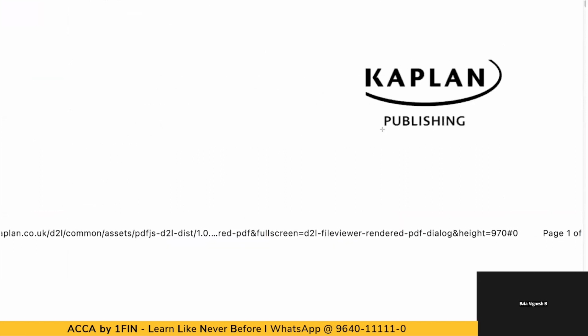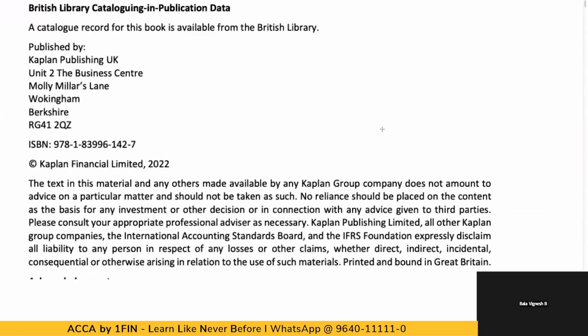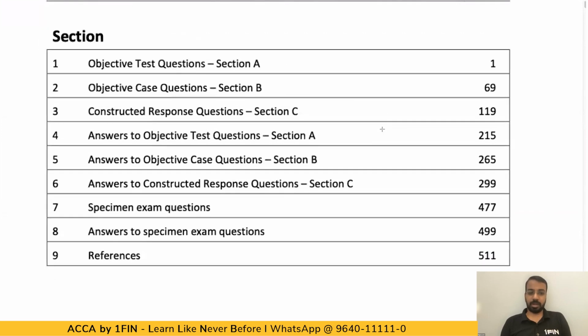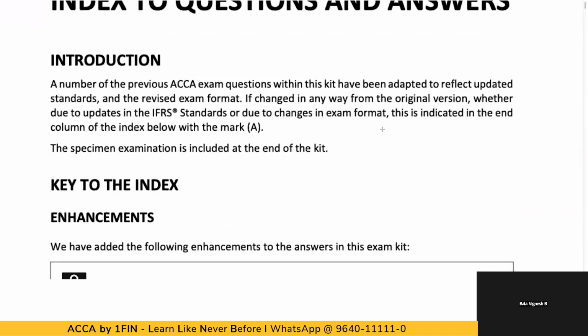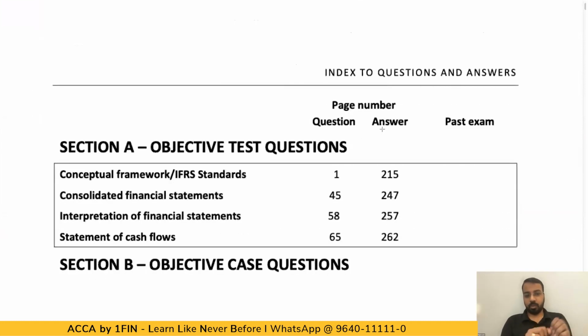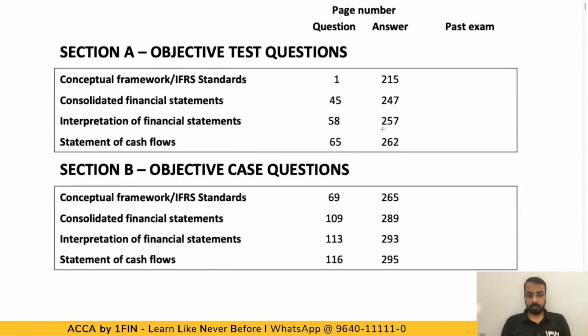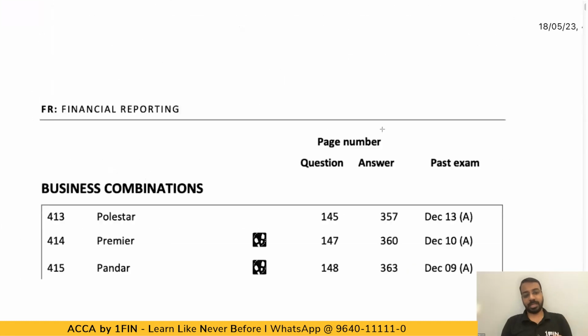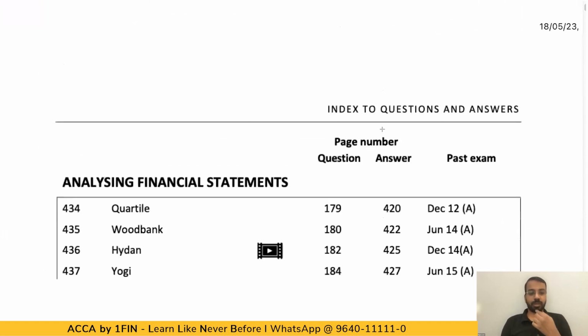Okay, so that is where consolidation was a lot of focus, and I think you are comfortable with consolidation, if I understand. Yes, sir. Okay, so the target should be to score maximum in the objective type, and whatever extra marks are in the constructive response should be the focus.